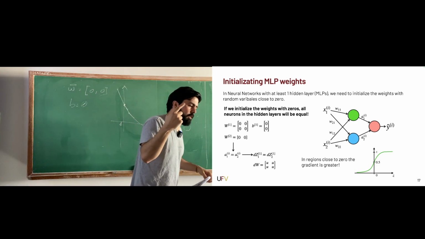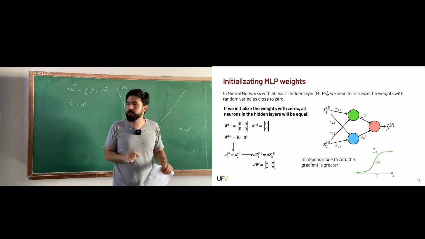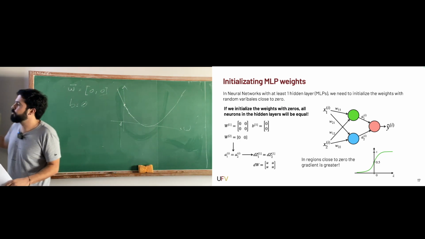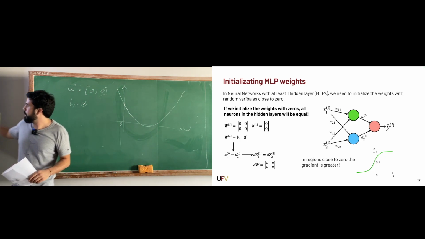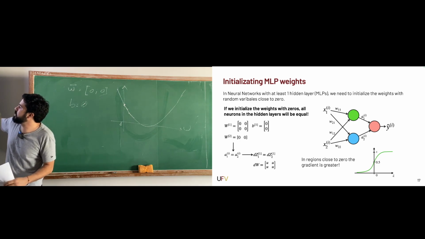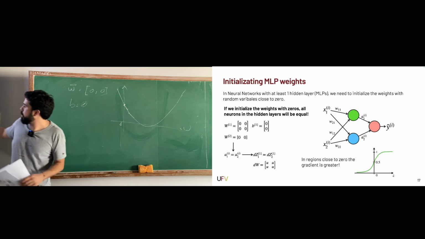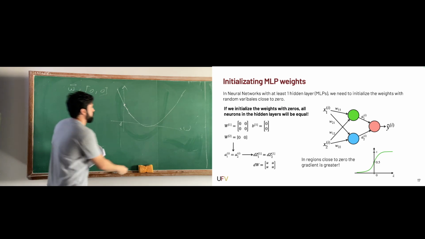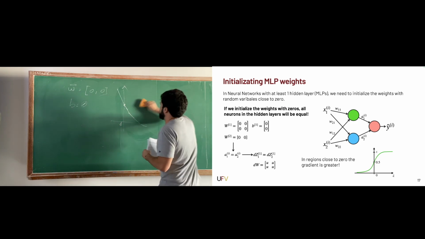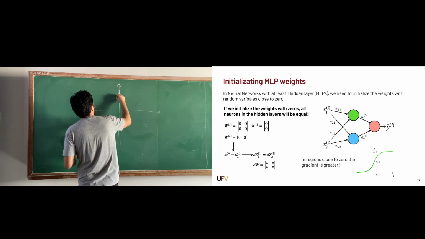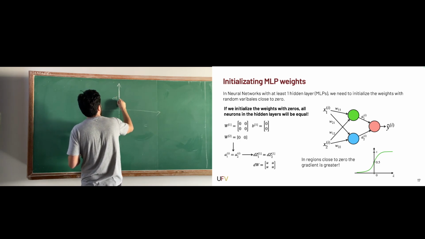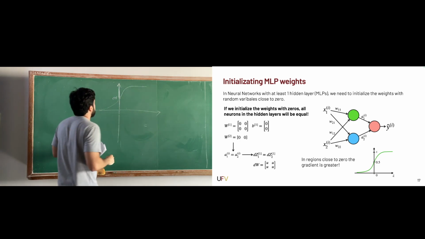But the idea of initializing it close to 0 comes from the gradient. Just intuitively, let's consider the logistic function as an activation function. Let me draw this here on the board. Something like this.